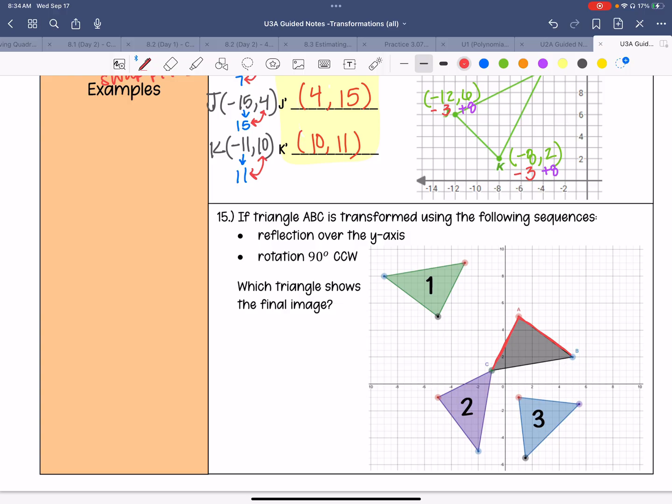All right. So if we know that the first transformation is a reflection over the y-axis, that means that this triangle is going to flip over my y-axis. So if we flip our triangle over our y-axis, we actually end up with C here, B here.